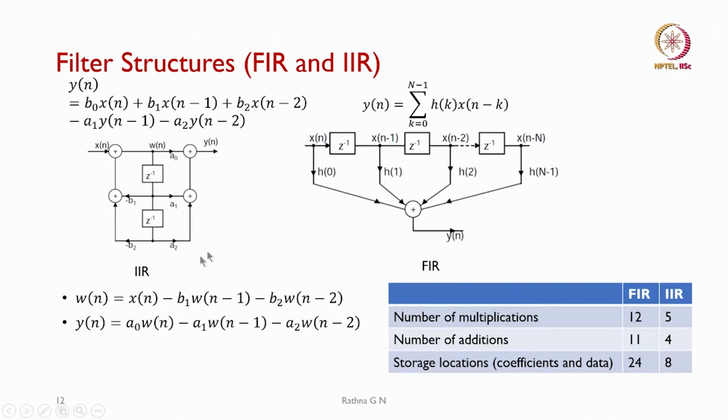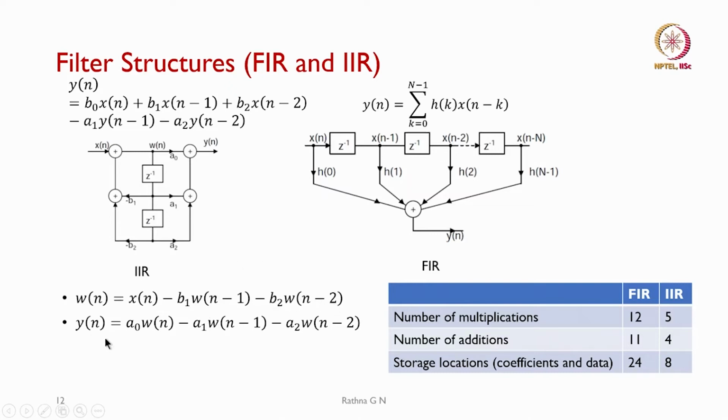Whereas for the IIR filter, you will be separating this, this is my W of n center point, and then the second order section we have considered here. So, W of n is given by x of n minus b 1 into W of n minus 1 minus b 2 into W of n minus 2.